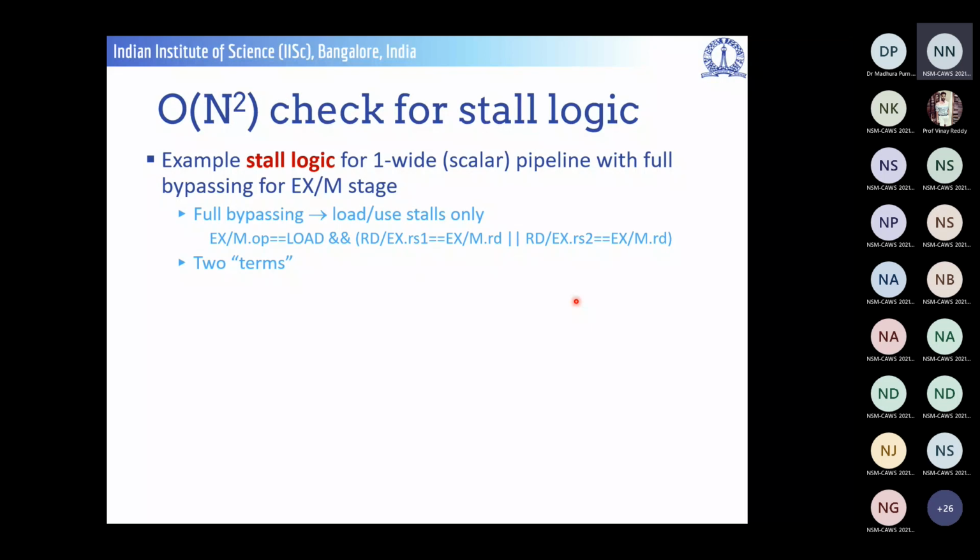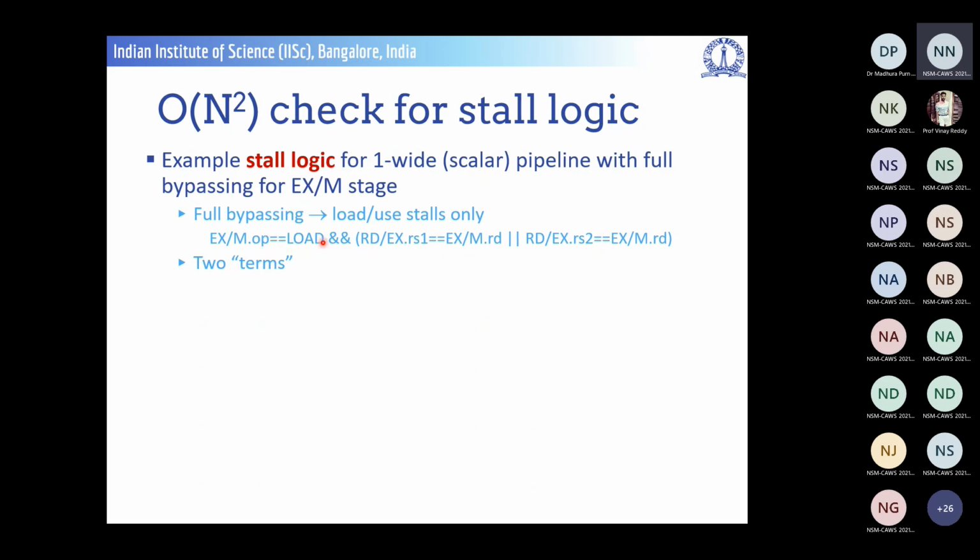The more interesting problem that we talked about is that the stall logic becomes a big issue, because it becomes order of n squared. First, think of the stall logic in the case of a scalar pipeline. What we are talking about here is the previous instruction, which is in the, say, M stage.